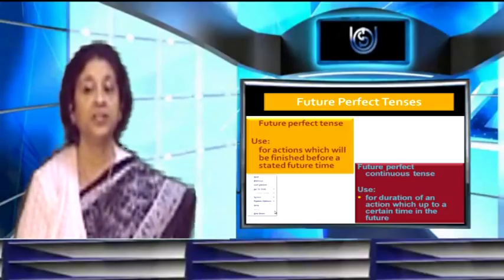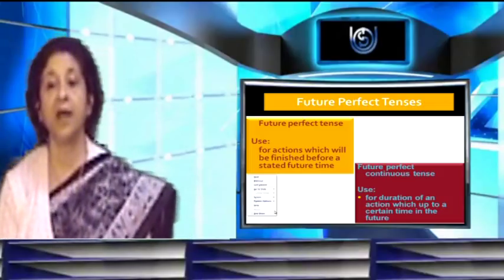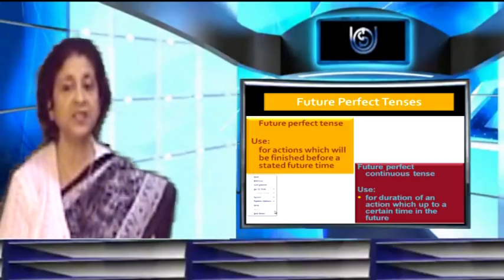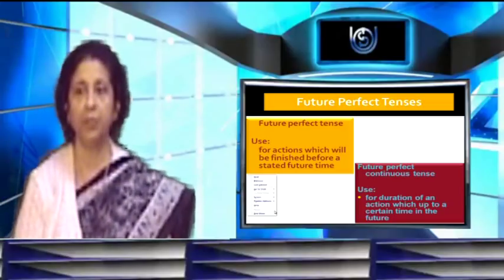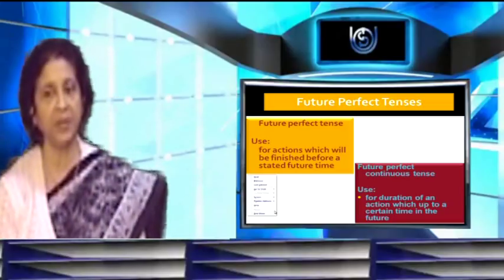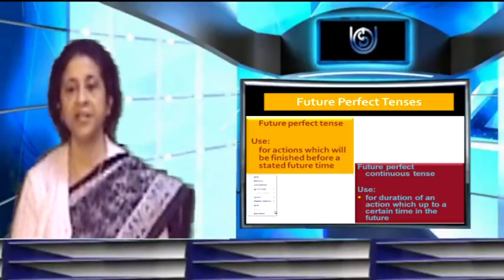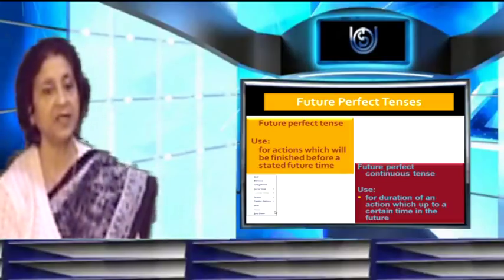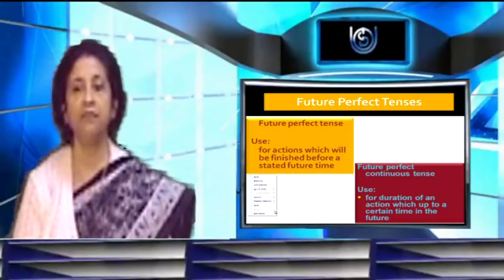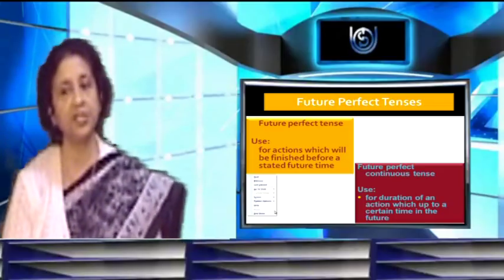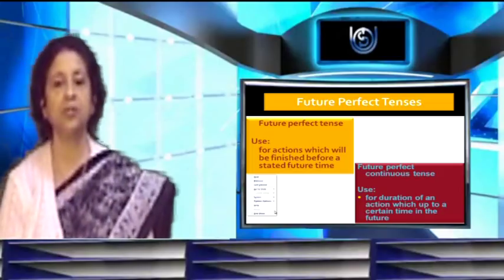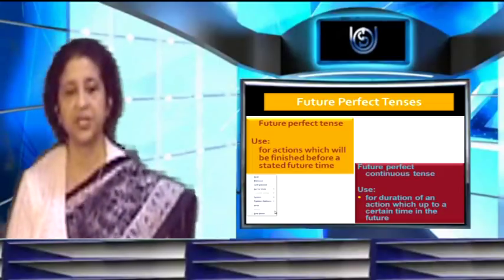Have been, first form of verb plus ing. Future tense is there, will is there. Perfect tense is there, have been will be there. And first form of verb plus ing is there. And time is given. So it makes it future perfect continuous tense. This is all for today in this session. Thank you.